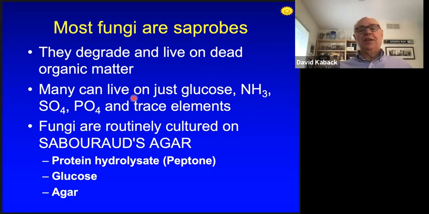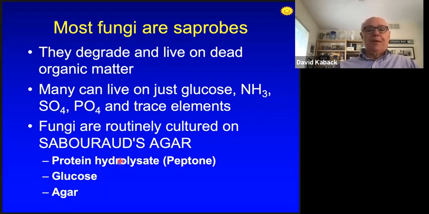Many fungi actually can live on very simple media like many bacteria, consisting of glucose, ammonia, sulfate, phosphate, and trace elements. So they really don't require complex organic environments, many of them, not all. I'll tell you about some that do require more complex nutrients. But the most important thing in this is that fungi are routinely grown on a substrate called Sabouraud's agar.